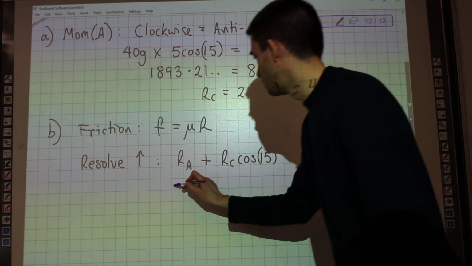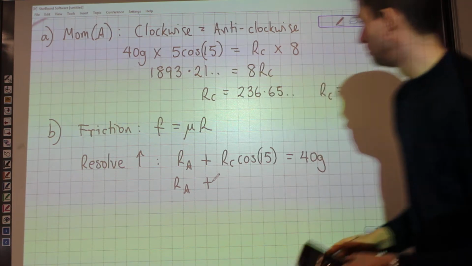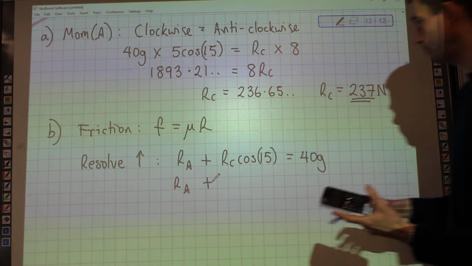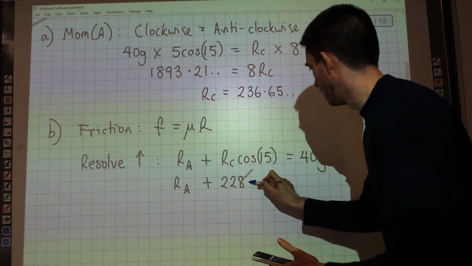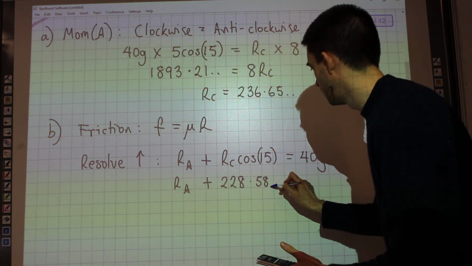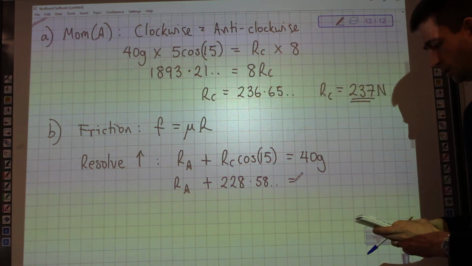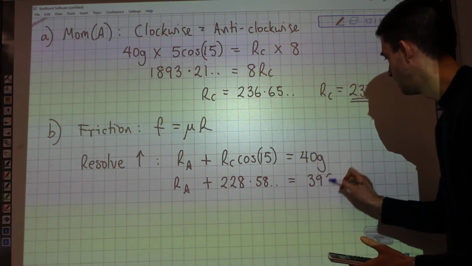RC I've got stored in my calculator. So what I'm going to do is multiply that by cos 15, which gives me 228.5, etc., equals 40G, which is 392.